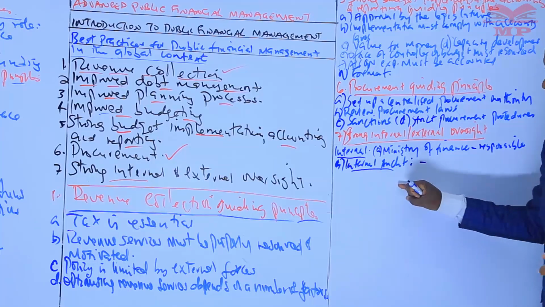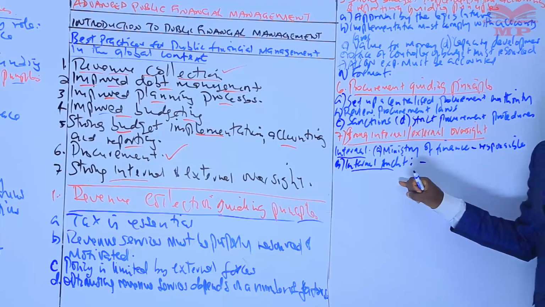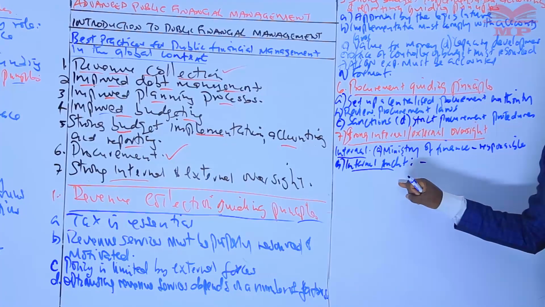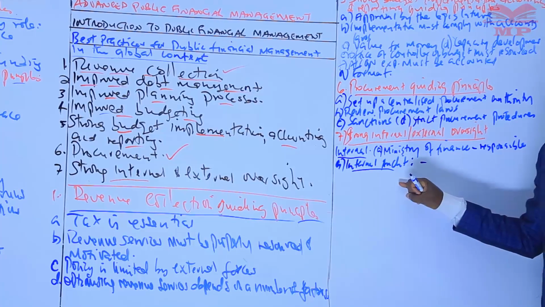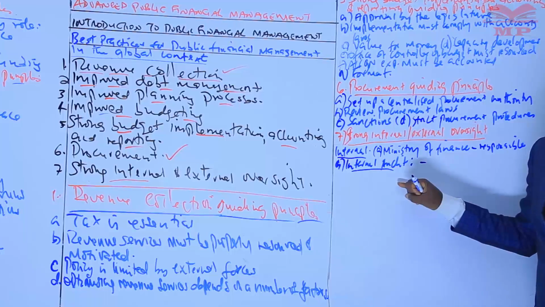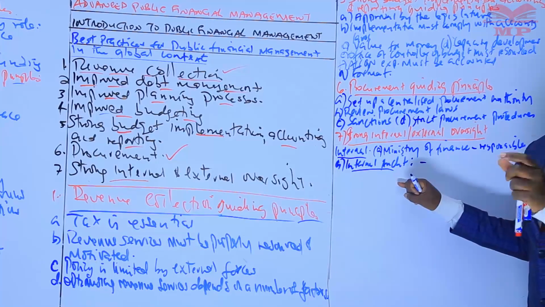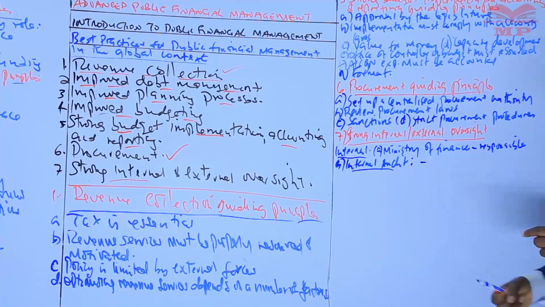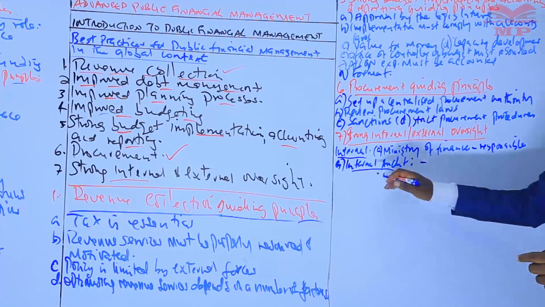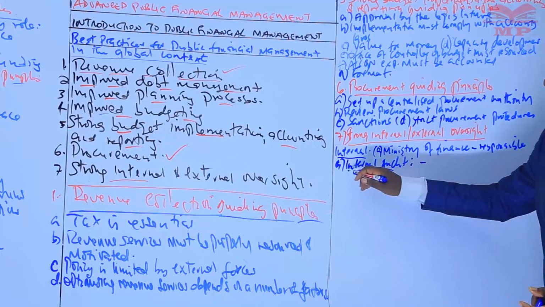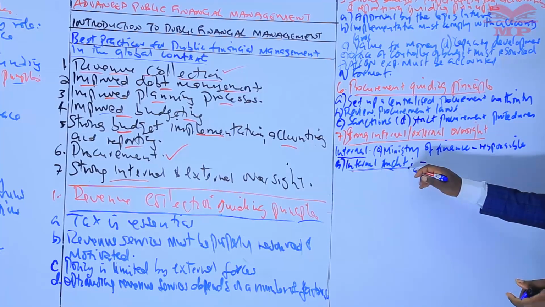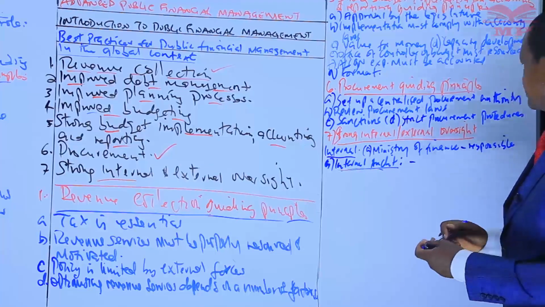And another point is that from time to time, the internal audit department should randomly carry out operational performance audits. So I have highlighted 8 guiding principles under the internal audit function.